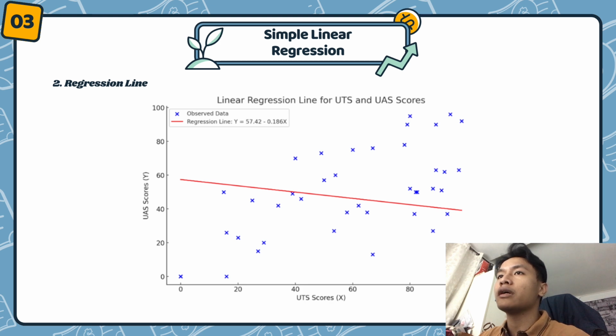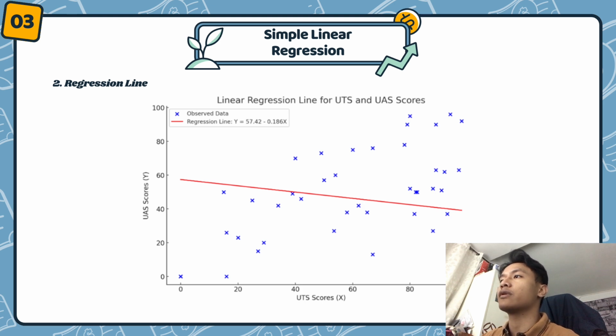The slope of the regression line is negative, which suggests a negative correlation between UTS and y score. As the UTS score x increases, the y score tends to decrease slightly.